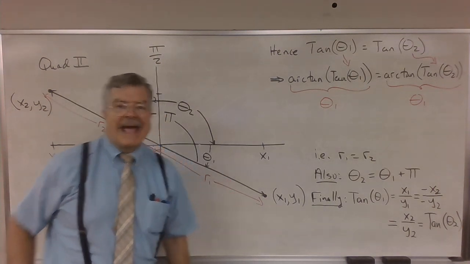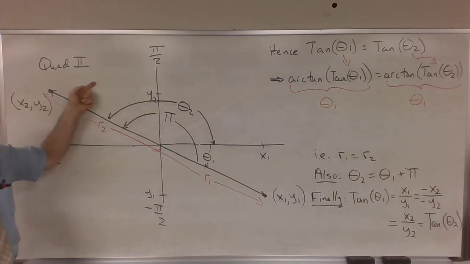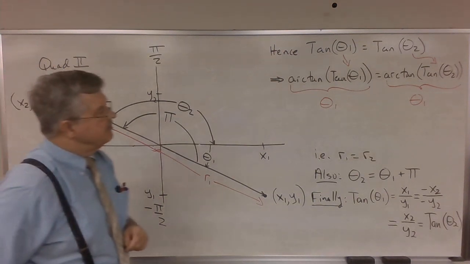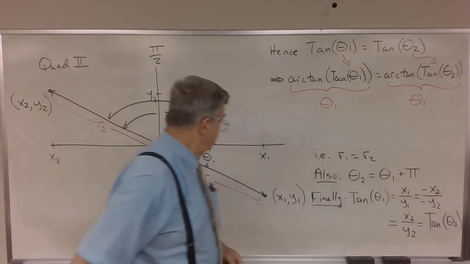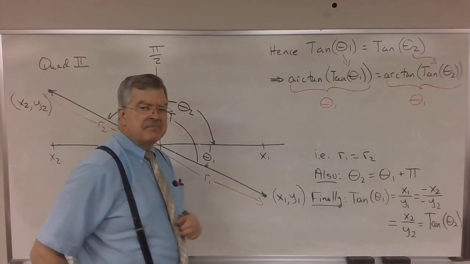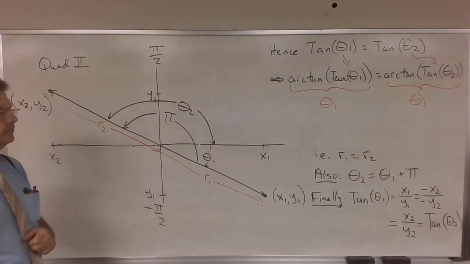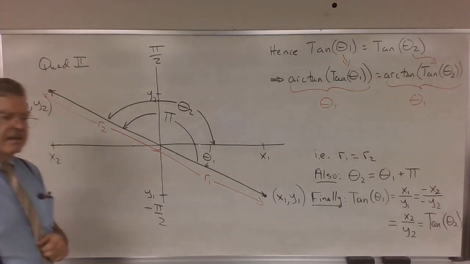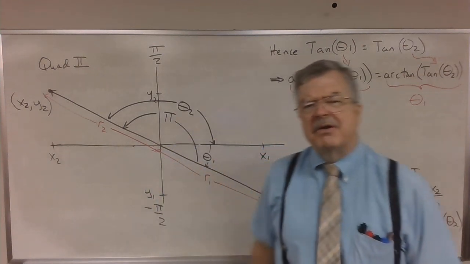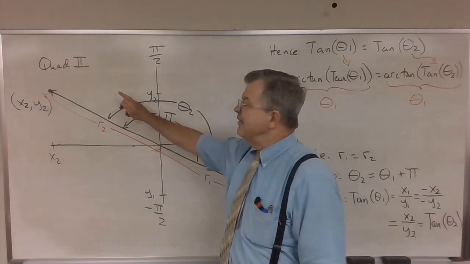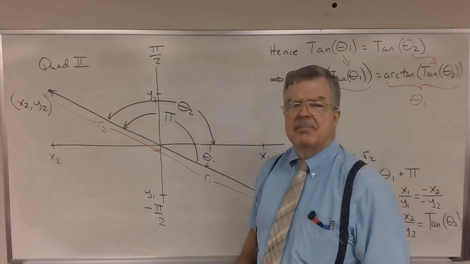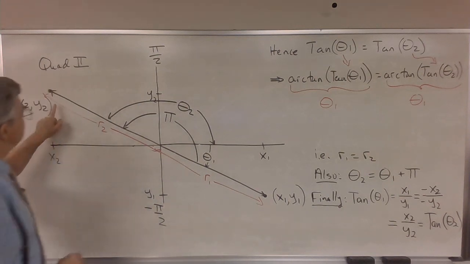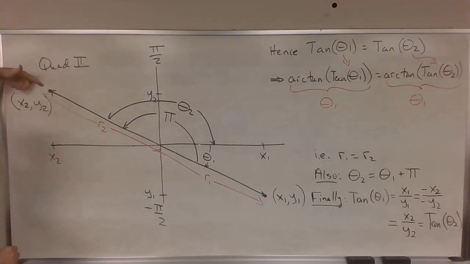Instead of giving us an angle in quadrant 2, it's going to give us an angle in quadrant 1. So how on earth are we going to find the angle of a complex number in polar form if that complex number is in quadrant 2?